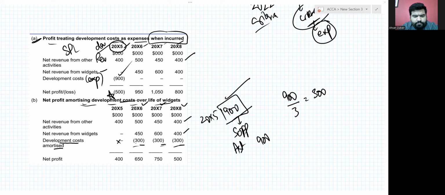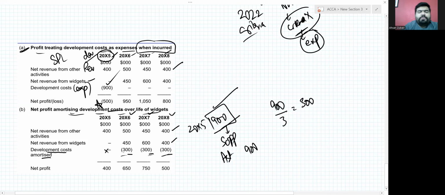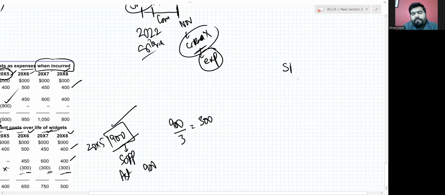Sir, what is this net revenue from widgets? Net revenue means the revenue minus, for example, if you are writing normal sales revenue and you are paying any commission for that, then sales revenue minus commission is known as net revenue.